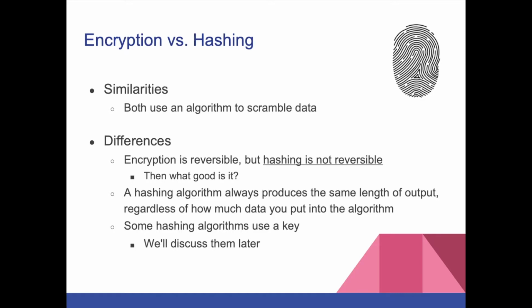We also use hashes to detect tampering. For instance, if someone downloaded our program, ran it through the SHA-256 algorithm, and found that the hash didn't match, it could be because someone hacked our web page and tampered with our program. Maybe they modified it so it did something bad.